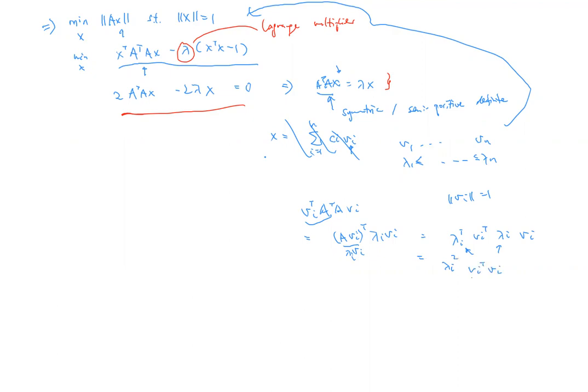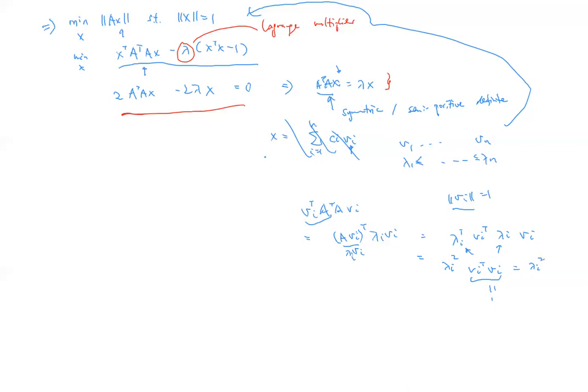What is this again? This should be just 1, right? This is just the norm of vi. So if we assume all of these are normalized, it will be equal to 1. Therefore, this is just lambda i squared.